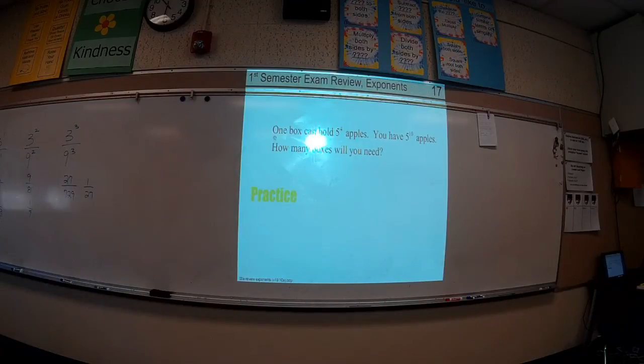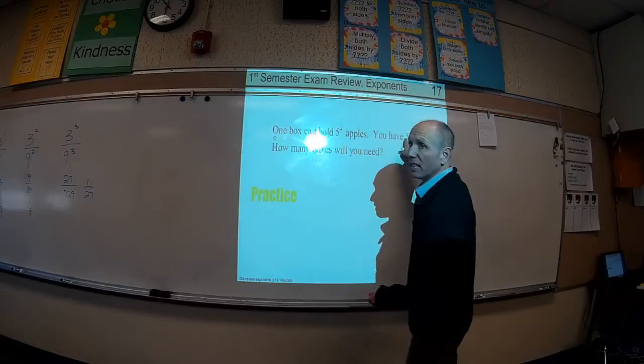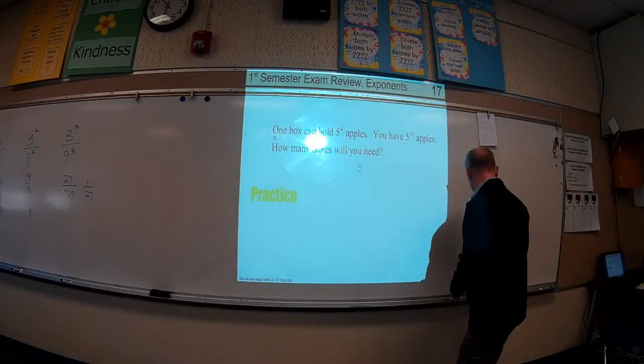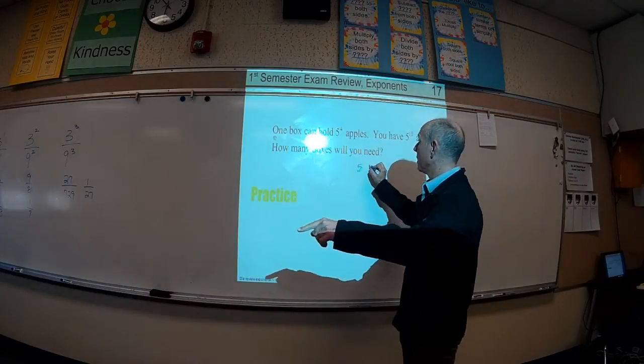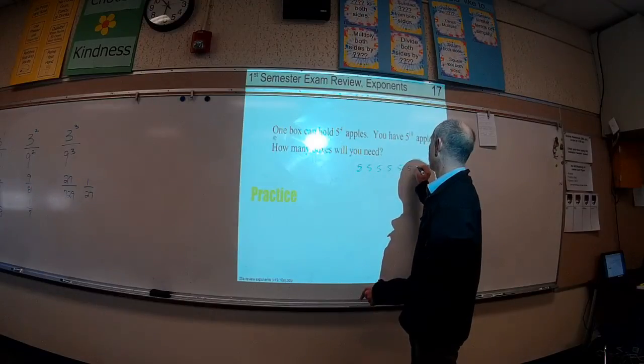So you've got all these tens coming out. Big 5. Let me get a better one. Griffin. 5 times 5 times 5 times 5.